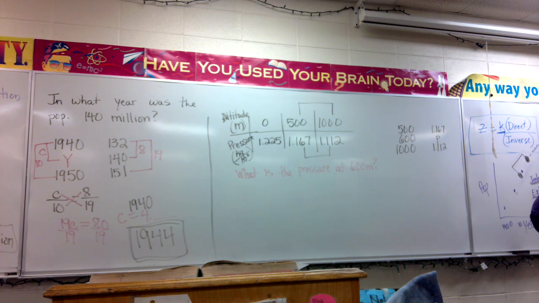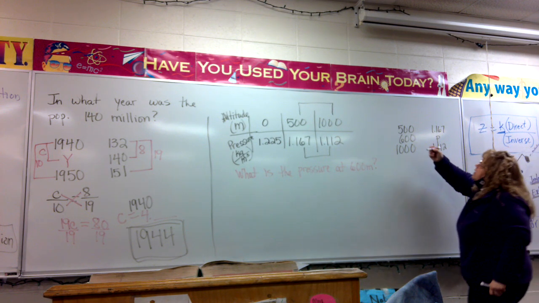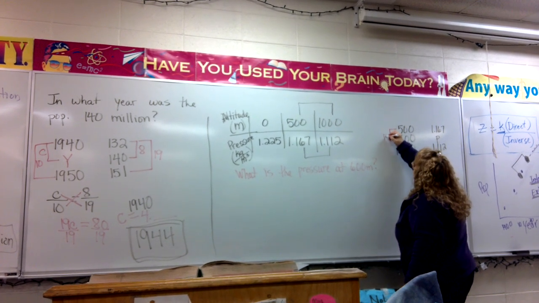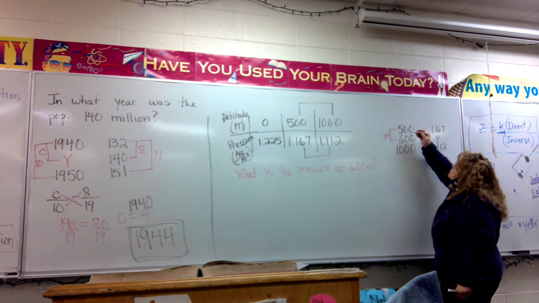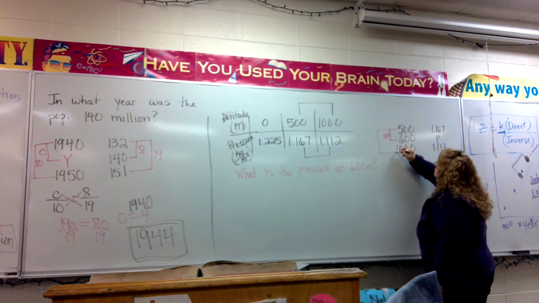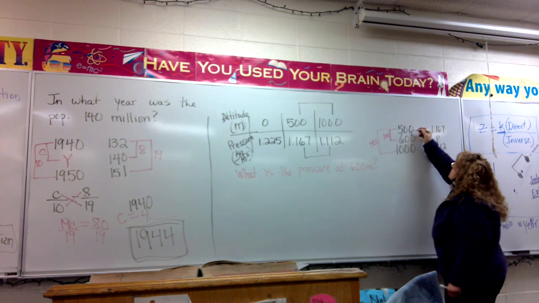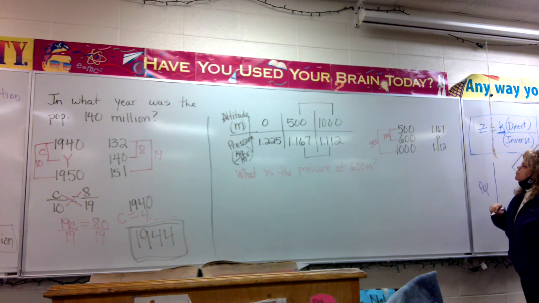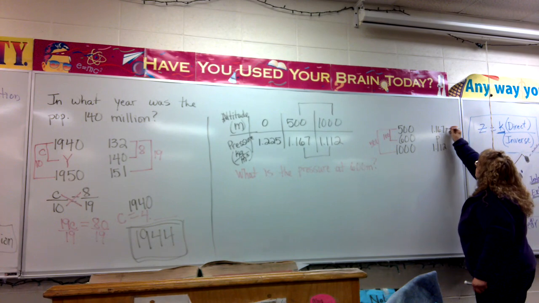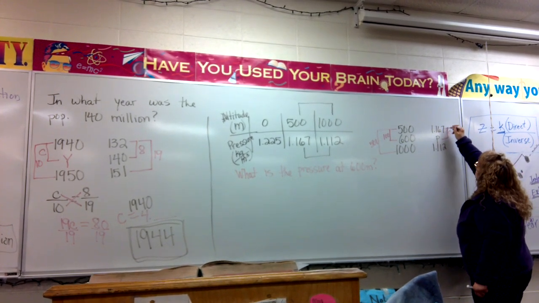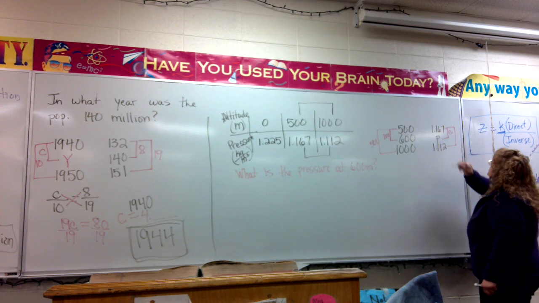So again, we're just going to set up little over big, little over big. What's this little change? That's easy, 100, right? Subtract. What's the big change here? 500. 1,000 take away 500? 500. What's this little change here? I don't know. What is it here?